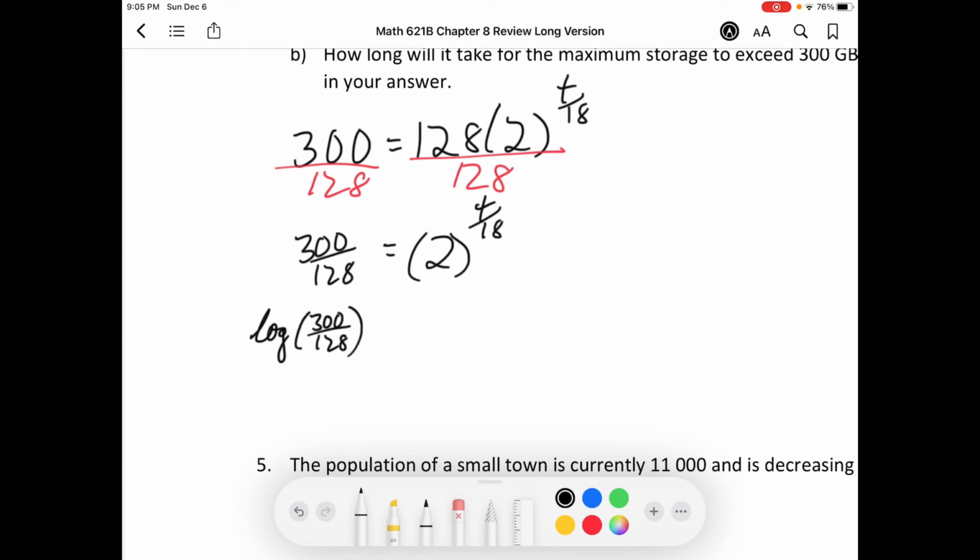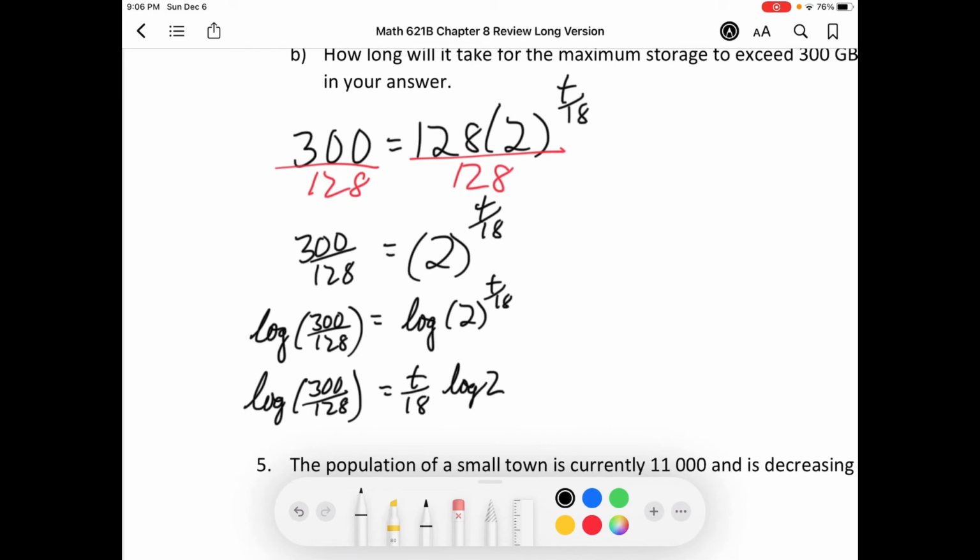And again, if you're finding this fraction weird, just write it as a decimal with a bunch of decimal places. Okay, now I can pull down that exponent, which is the great gift of logarithms. And I can start to work on getting t on its own.